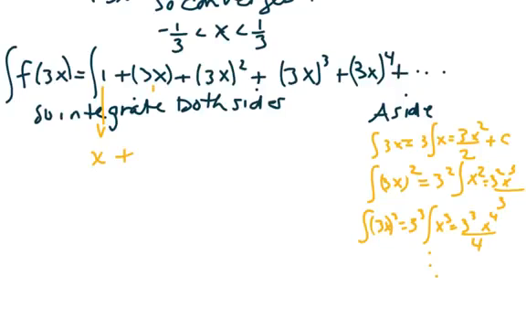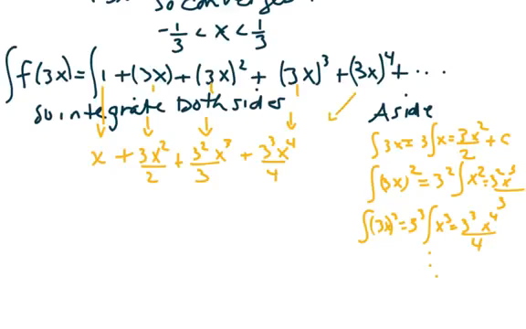So this term is simply 3x squared over 2. This term, when integrated, is 3 squared x cubed over 3. And this term is 3 to the 3rd power, x to the 4th over 4.